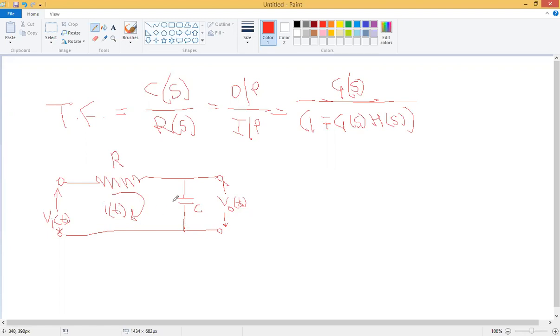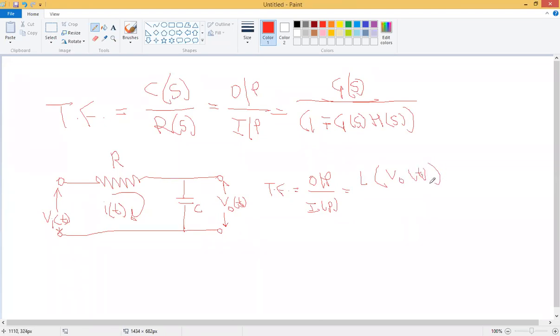So for this circuit, your transfer function will be output upon input. Obviously, transfer function is Laplace of output upon Laplace of input. But here, what is output? Output is Laplace of V of t.